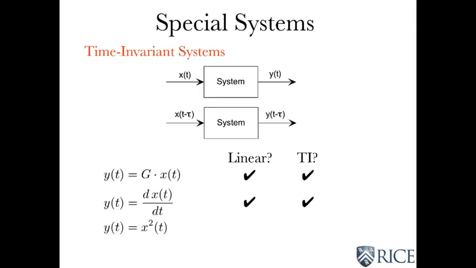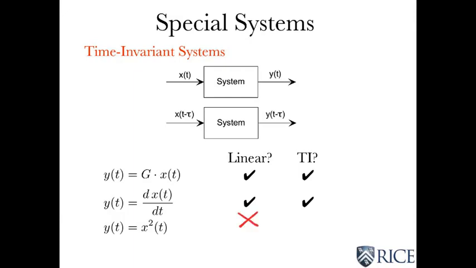How about this system? How about the squaring system? So the output equals the input squared. Well, that is certainly not linear, right? Because the square of x1 plus x2 is not equal to x1 squared plus x2 squared. So that is definitely not linear.